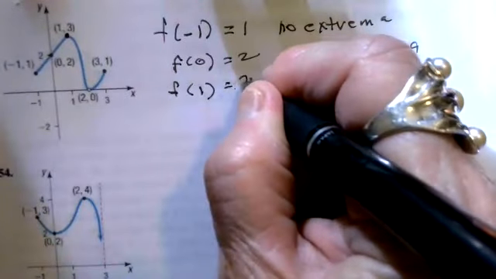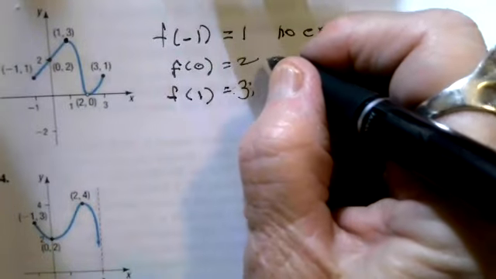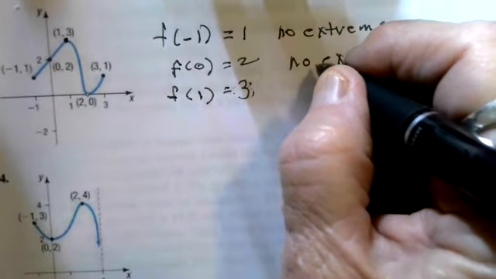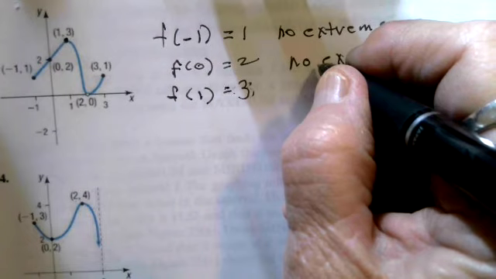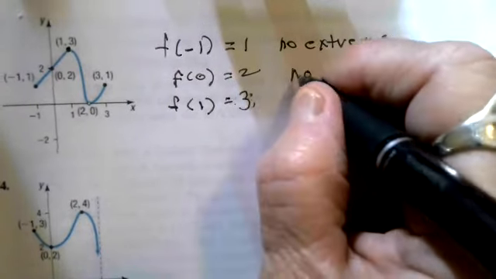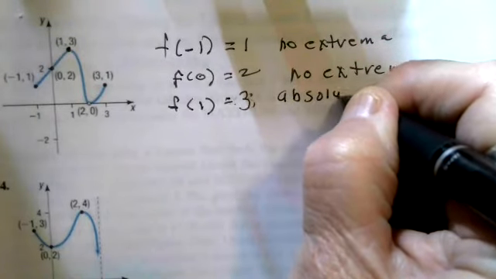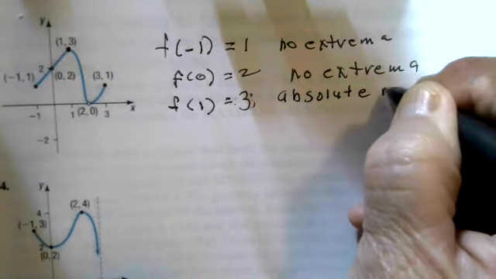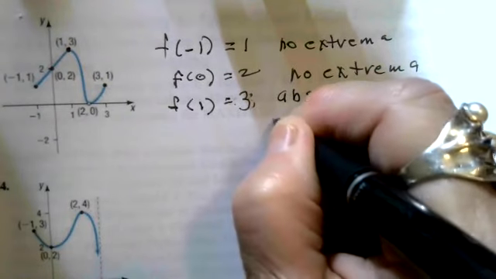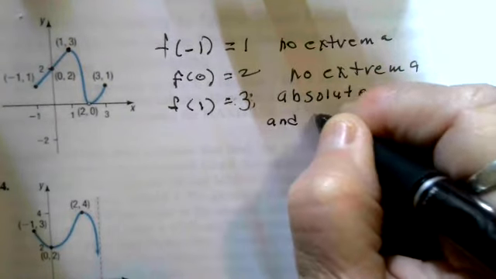Well, okay, let's just pretend like that is filled in, and then that will make it a little bit clearer. So this would be the absolute max, and it would be a local max.